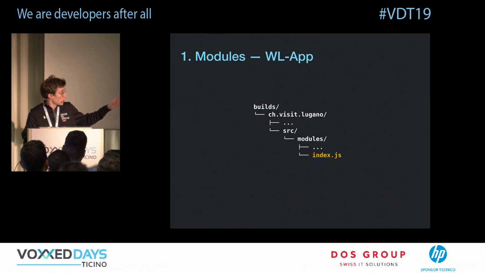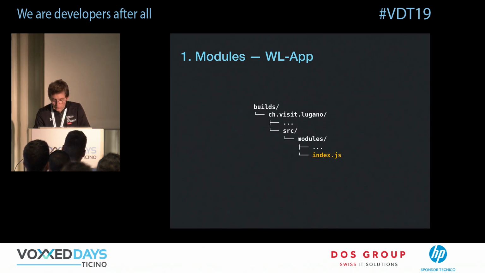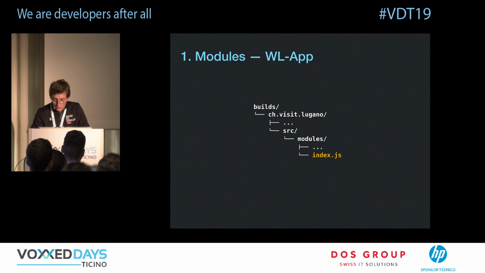So you see, we are gonna create an index.js file which was not present in our white label app. And notice that this is not the white label app anymore, but it's underneath builds/ch visit Lugano. And this is the generated project from the engine. And that's in here that we're gonna put our index.js file. For Zurich, will be the same except in the ch visit Zurich project.